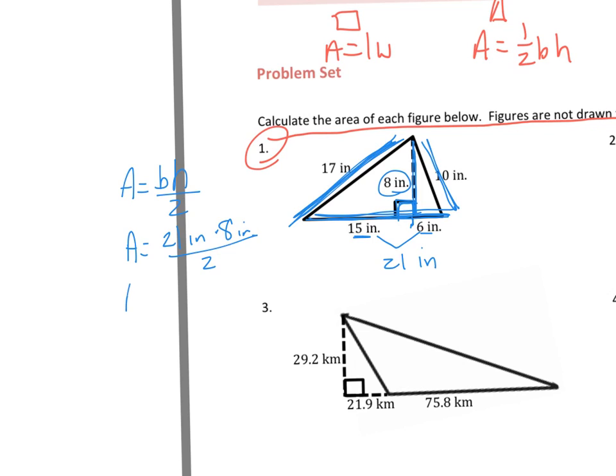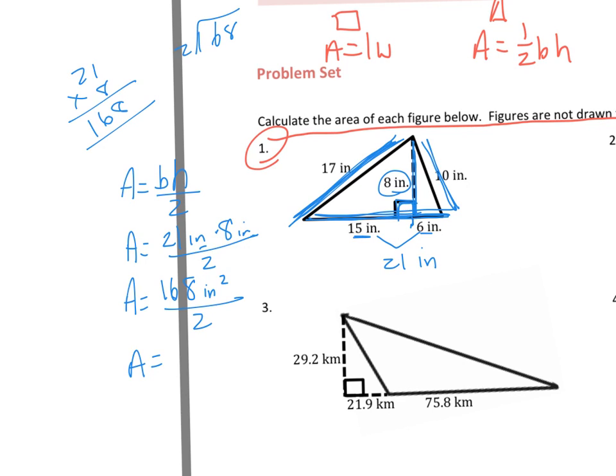So now 21 times 8, I'm going to show up above. I get 168, and that's inches squared now because I did inches times inches. And I'm going to divide it by 2. And I know that I can easily show that a division of 2.